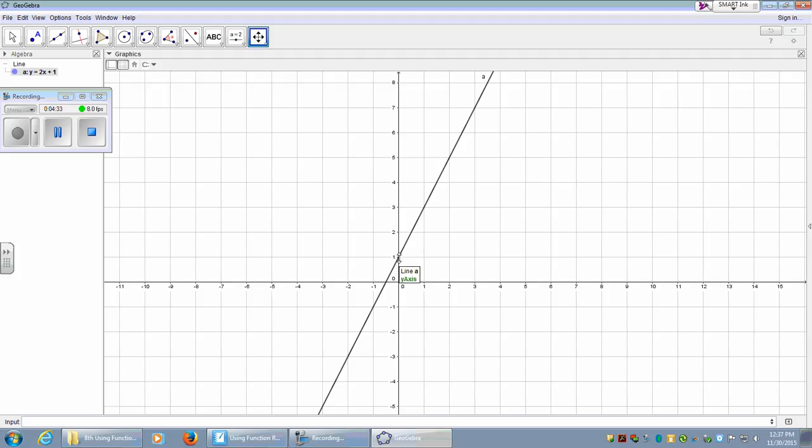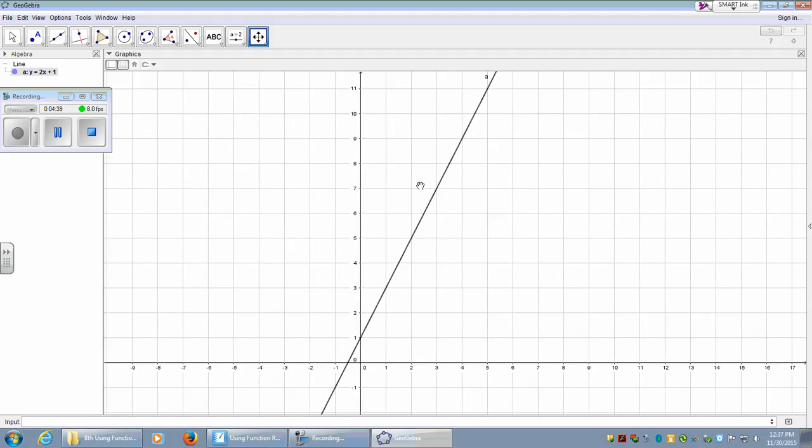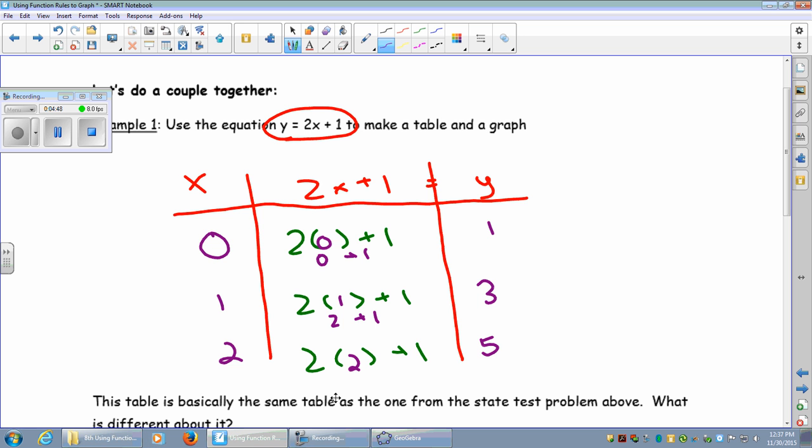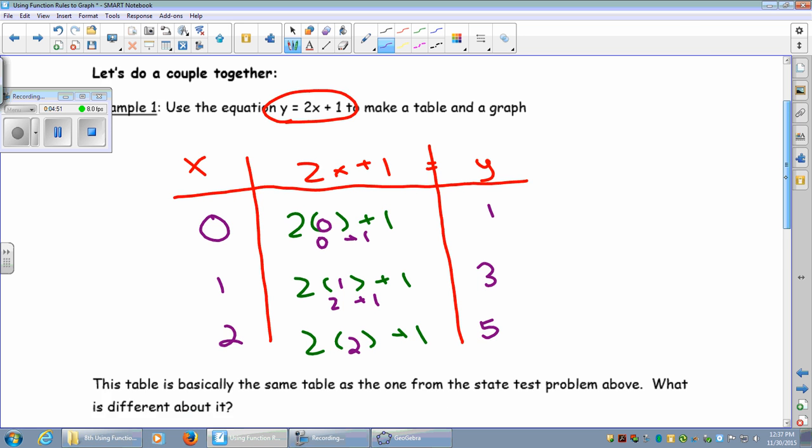It gave us (0, 1) like we got, (1, 3) like we got, and (2, 5) like we got. But it also gave me all the rest of these answers as well. It gave me (3, 7), (4, 9), and (5, 11). And that's because this actually has infinitely many solutions.